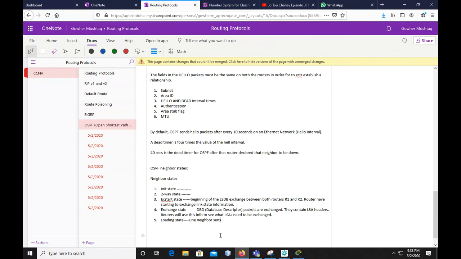So one neighbor sends link state requests, so it's called link state requests, for every network it does not know about.